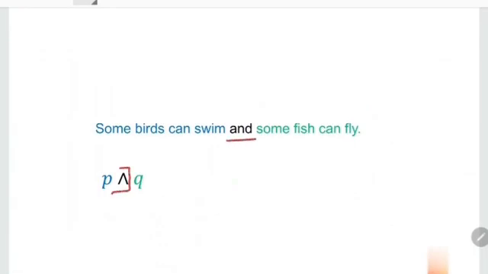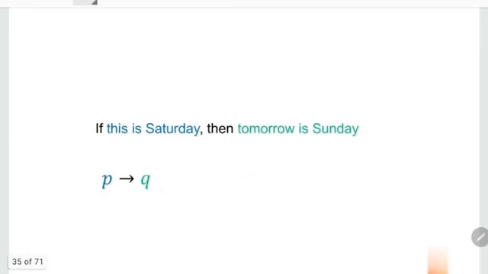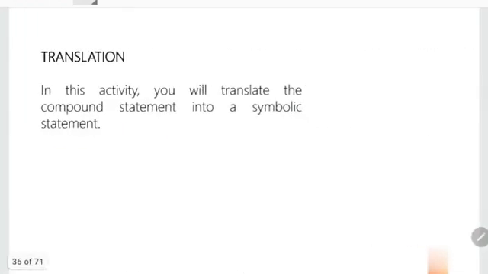So, this should appear. Yung P mo yung first statement. Q is your second. If this is Saturday, then tomorrow is Sunday. If then, conditional, you use an arrow. If P, then Q.